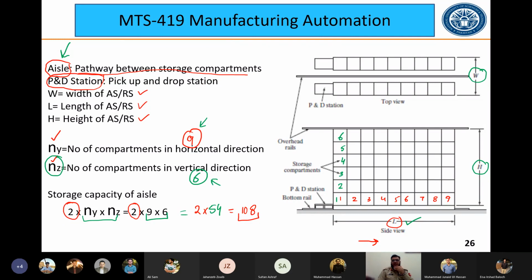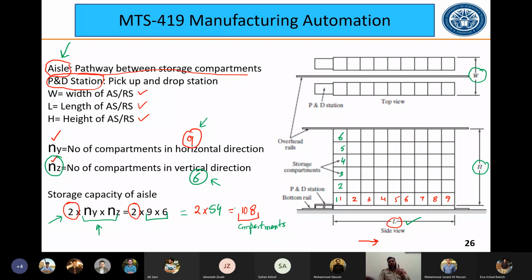NY into NZ in one rack, multiplied by 2, because this is a 2 rack system. This is a one aisle system which has 2 racks. So I am going to have a storage capacity of 108 compartments, which is 9 cross 6, 54, cross 2, 108.